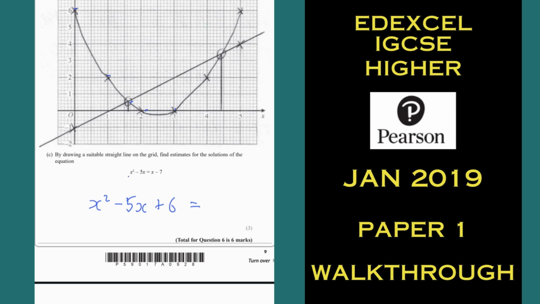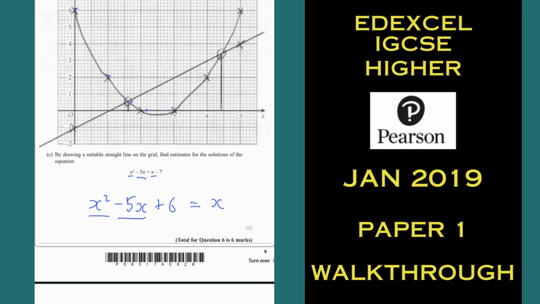So the x squared, that's the same. The minus 5x, that's the same. This x on the right, that's the line we're needing to draw. But look what's happened.